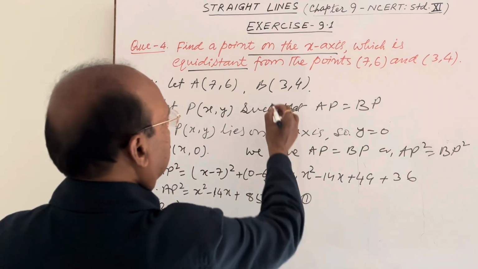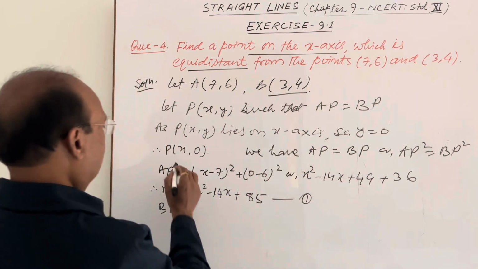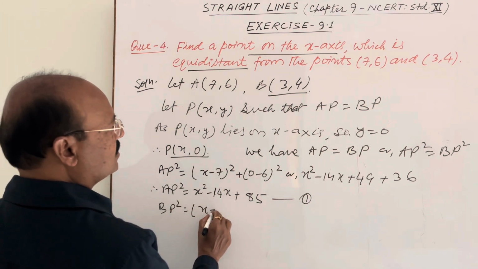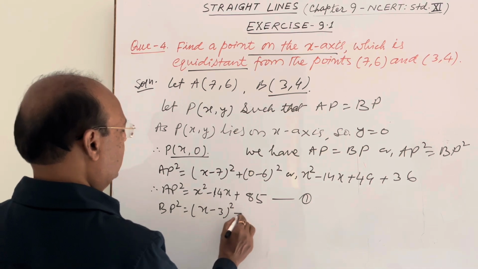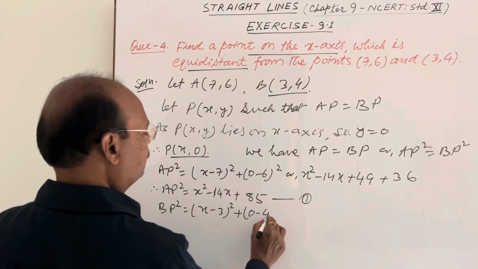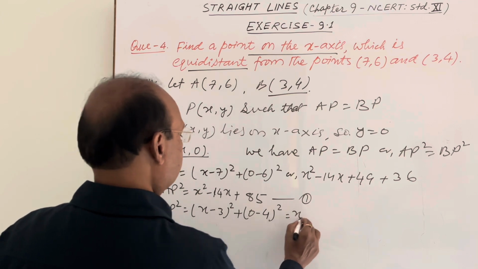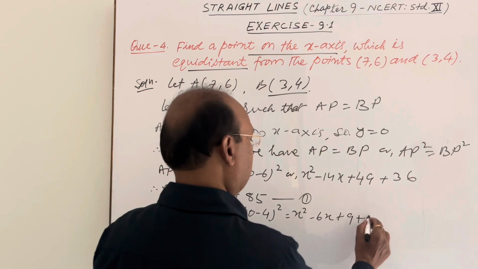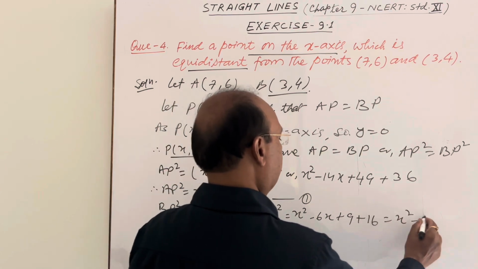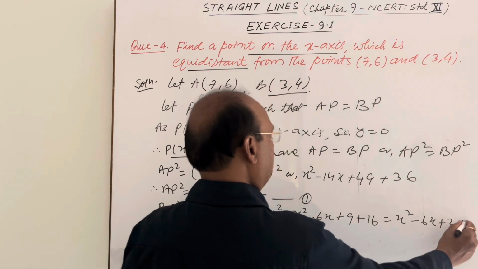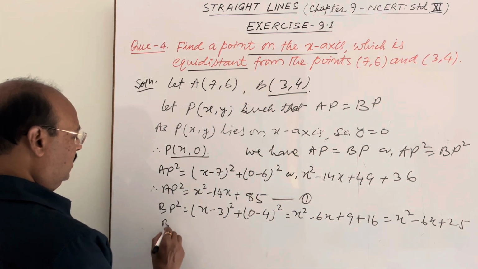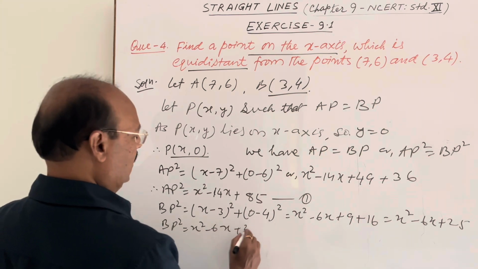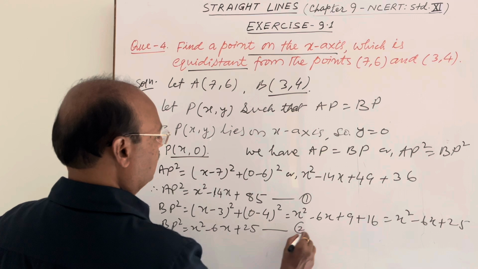Coordinates of B are 3, 4 and coordinates of P are x, 0. So BP square will be x minus 3 whole square plus 0 minus 4 whole square. This is equal to x square minus 6x plus 9 plus 16, which is x square minus 6x plus 25. So BP square is equal to x square minus 6x plus 25. Let us write it as relation number 2.